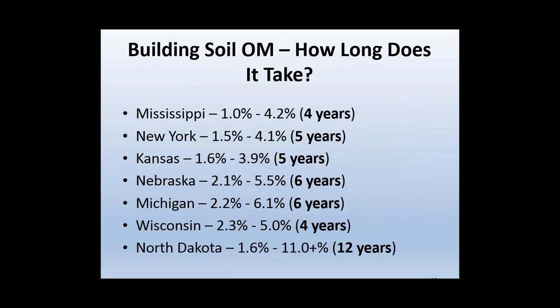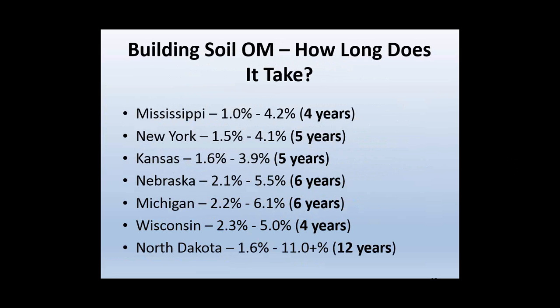You'll notice in North Dakota, in 12 years, we went from 1.6% to over 11%, which is pretty staggering, that within that period of time, we could go from under 2% soil organic matter to double-digit soil organic matter.